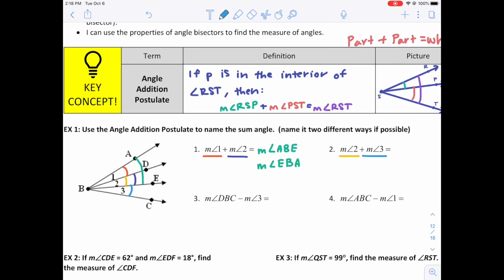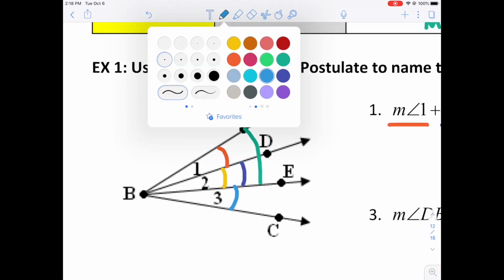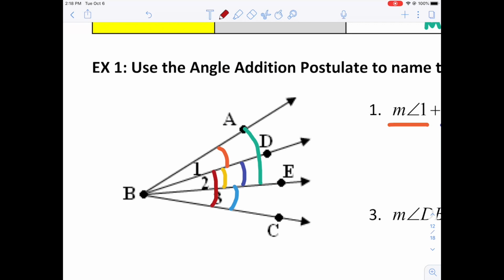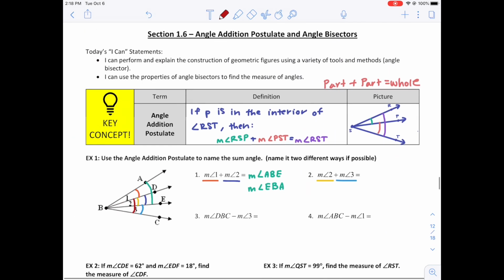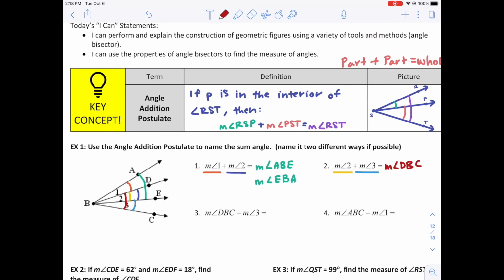Angle 2 plus angle 3, if you look carefully, I'm going to get angle DBC. So measure of angle 2 plus measure of angle 3 gives me measure of angle DBC. Again, I found the two parts and then I figured out what the whole would be. You could also name it the other way, measure of angle CBD.